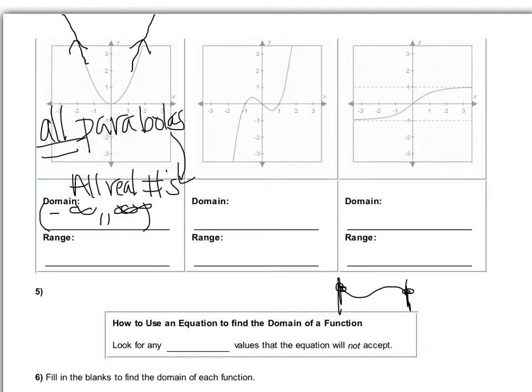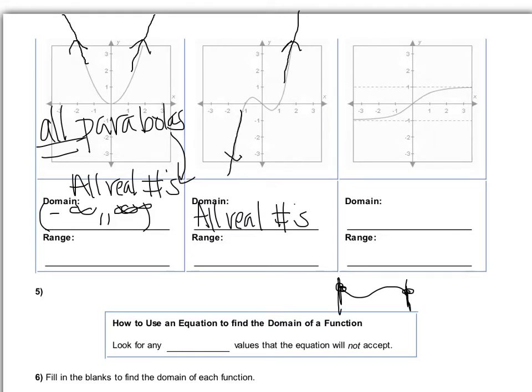This is a cubic graph. If I were to draw arrows at the ends, what's happening is my graph just continues to get wider and wider. I'm looking at it from left to right again, just for domain. The same thing is true, that it's going to continue to get wider, so its domain is going to be all real numbers.